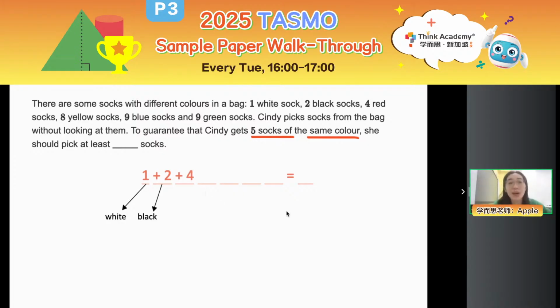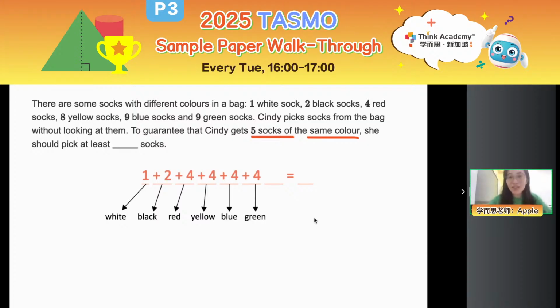Then following this, plus 4. For what? 4 red socks, correct. 4 is still smaller than 5. And next one, plus 4, yellow socks. Pay attention, always remind yourself, okay, Cindy is very, very unlucky. And then following this plus 4, that is blue socks. And then plus 4, that is green socks.